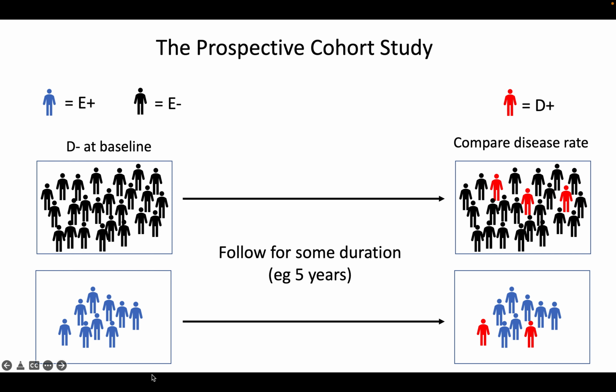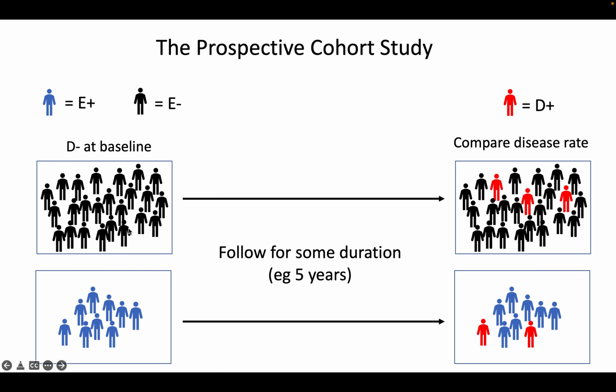For example, if disease was more common in the exposure positive group, then that would be some evidence that exposure is causing the disease. So this is just kind of a simplified idea.